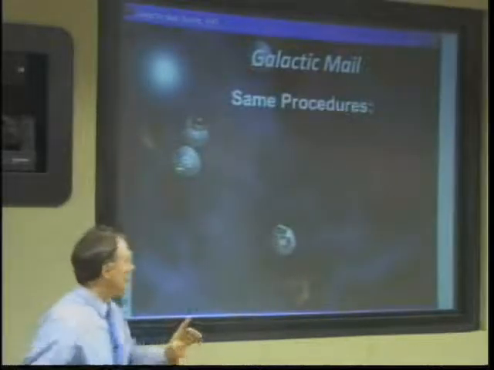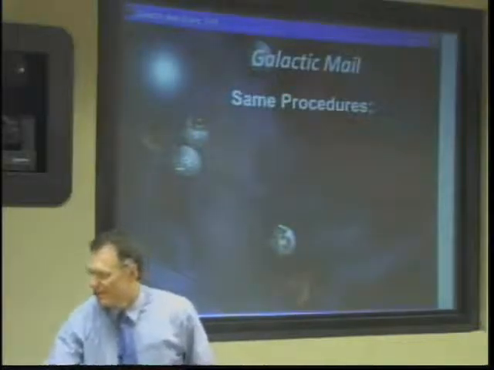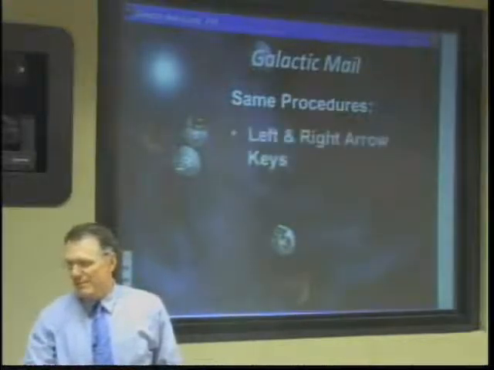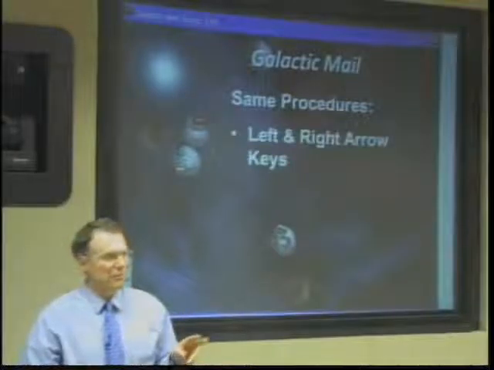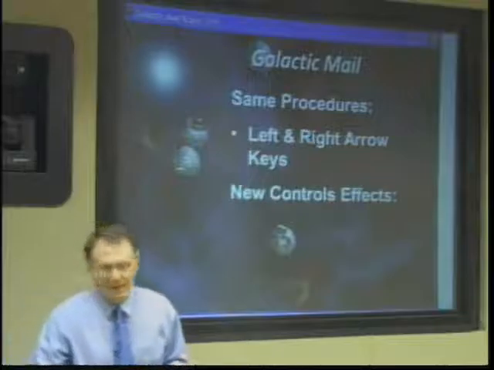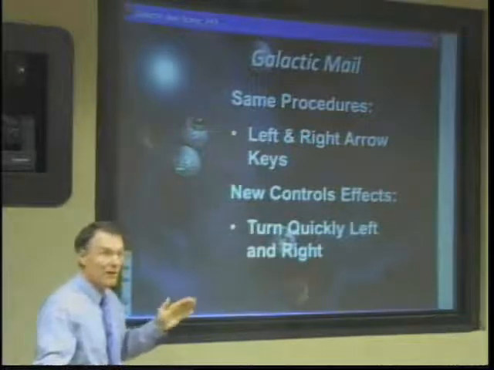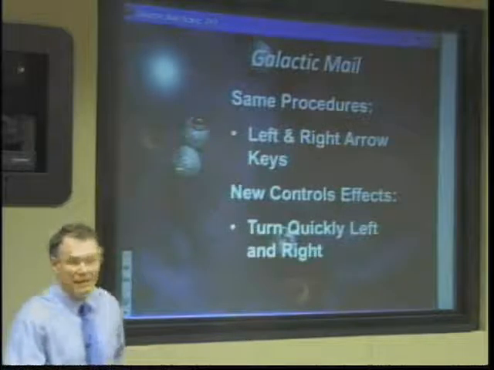When the rocket is landed, it's now on one of the moons. It has the same procedures. Press the left arrow key, press the right arrow key. But in the new context, the new control effects are you turn quickly left and right while landed, the way that game is designed.